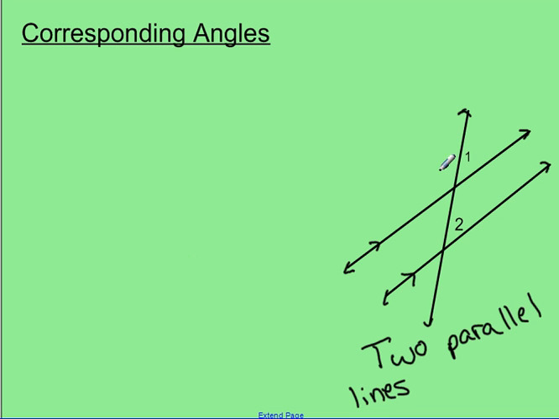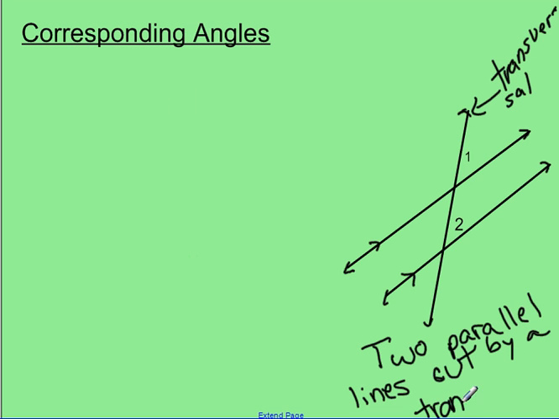And the line that crosses them is called the transversal. Label that, please. I'm running out of room. So, there we go. So two parallel lines, and you'll frequently see it say, cut by a transversal.